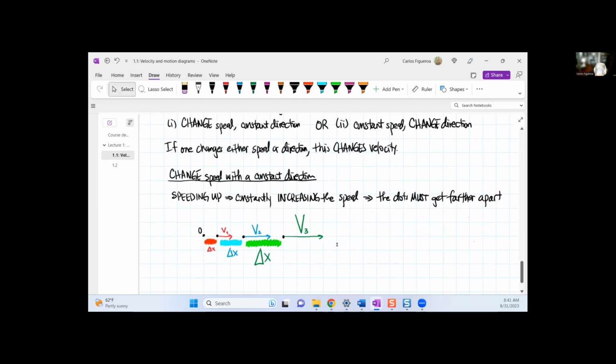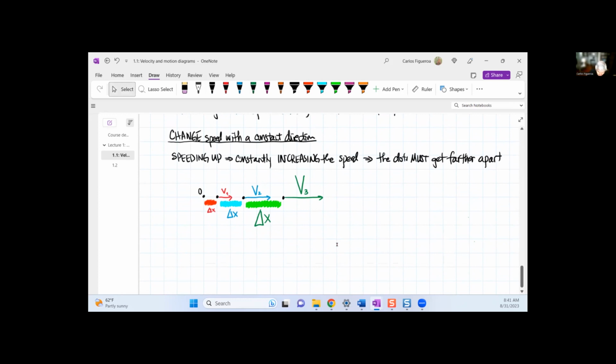Now let's look at the slowing down case. In the slowing down case, we know that we are constantly decreasing the speed.